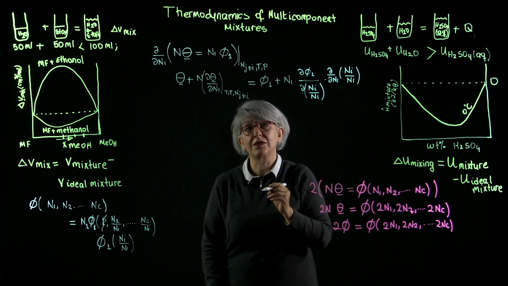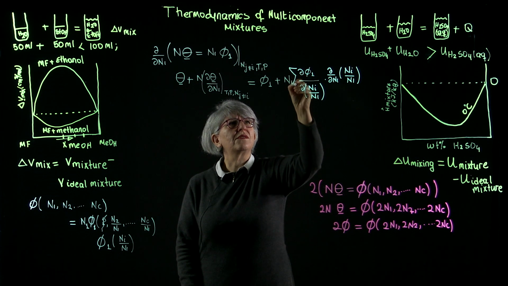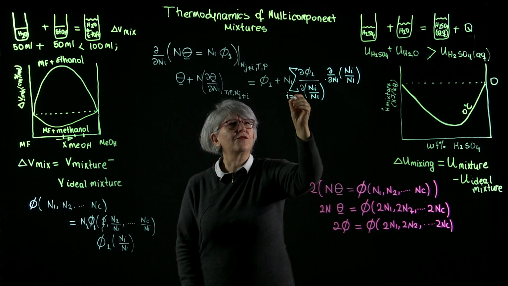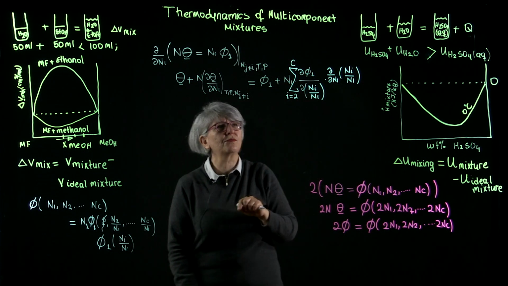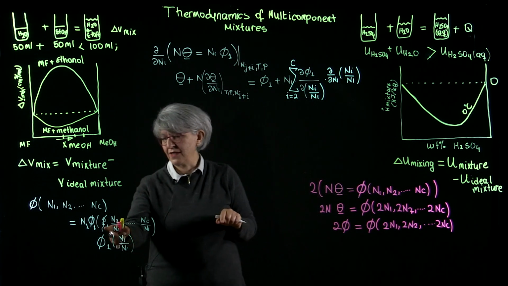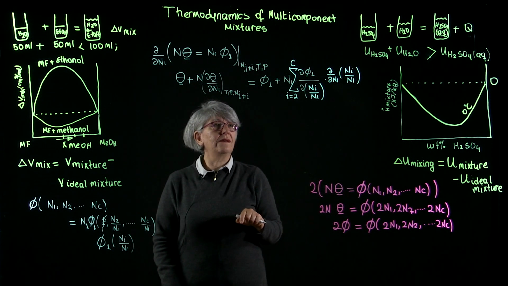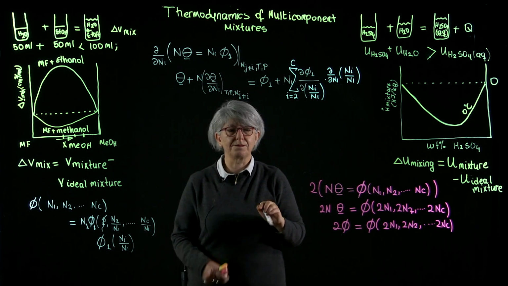And I have to do this for all the species, i starting from 2 going all the way to C, starting from 2 because I eliminated n1 from this equation, right?